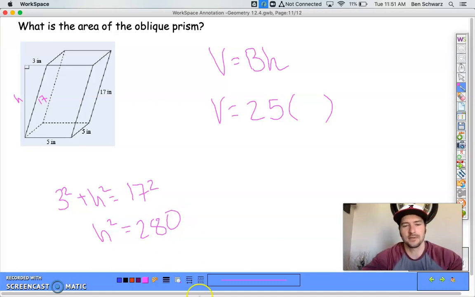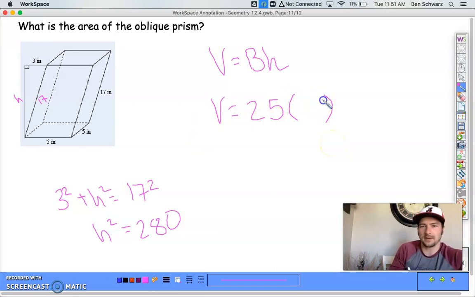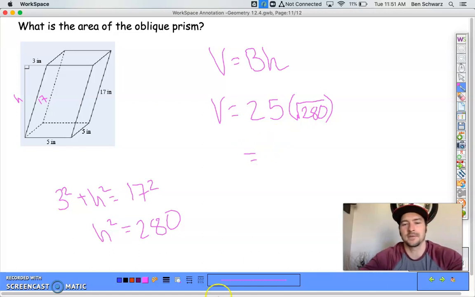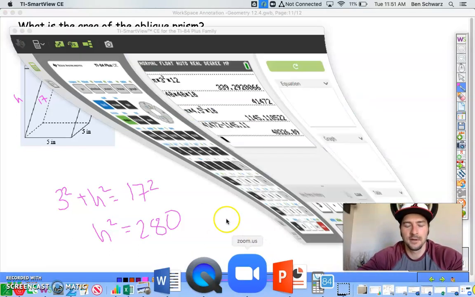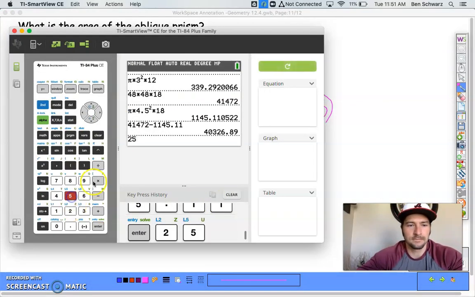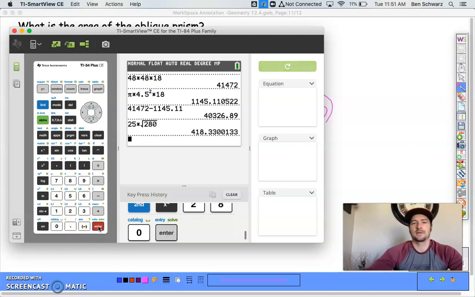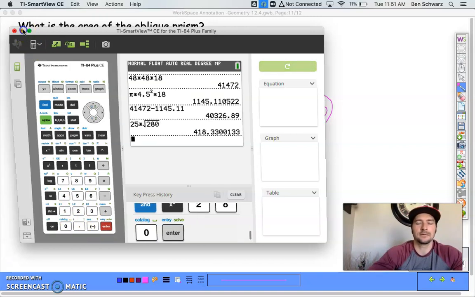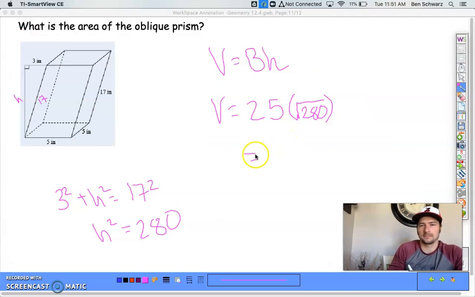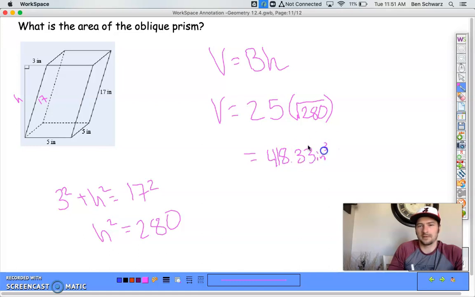We're going to have to take the square root of 280. Well, let's just write it as square root of 280 and we'll calculate it at the end. So 25 times square root of 280. And our volume is going to be about 418.33. Oops. And again, inches cubed.